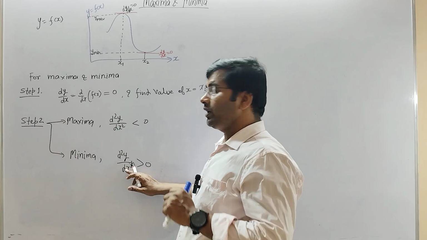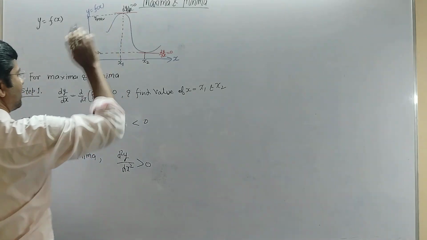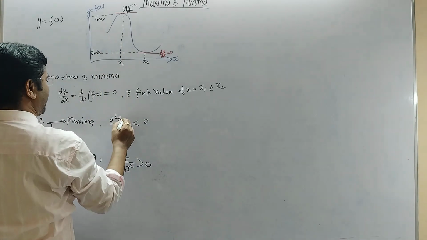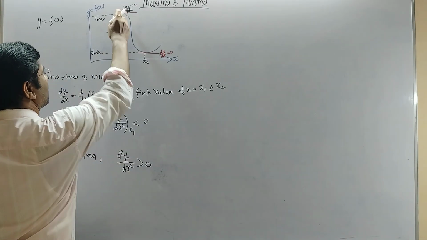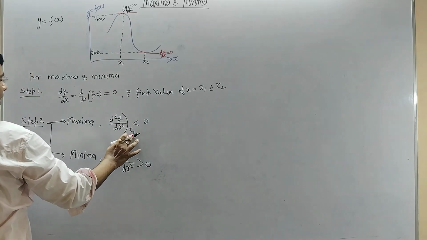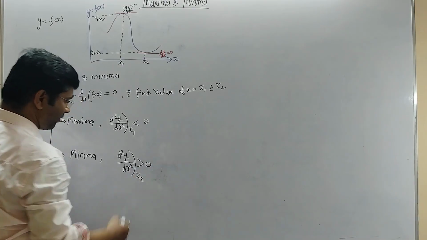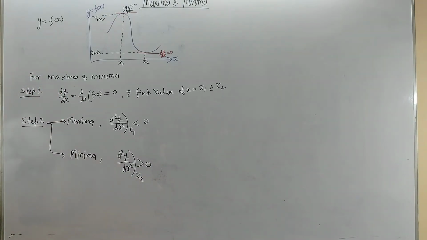In this graph, at x1 I'm getting maxima, so d square y upon dx square at x1 will be negative. At x2 I'm getting minima, so it will be positive. So this is how we can find the maxima and minima of any function. Okay, so let's take one question.